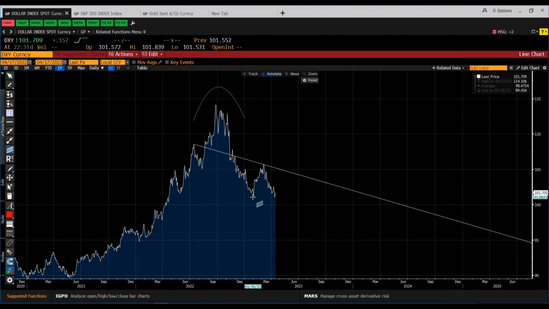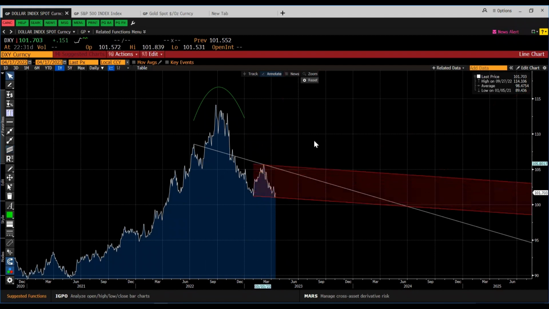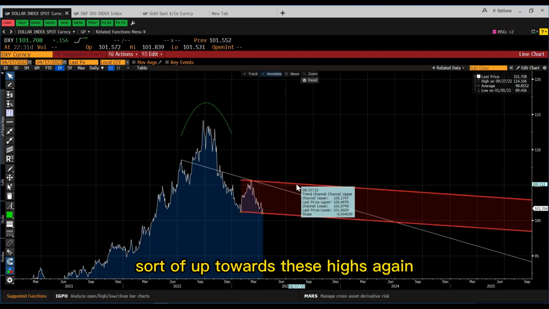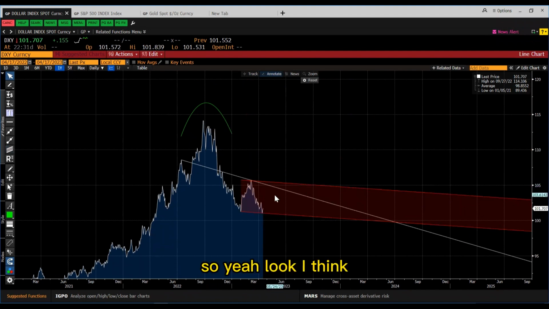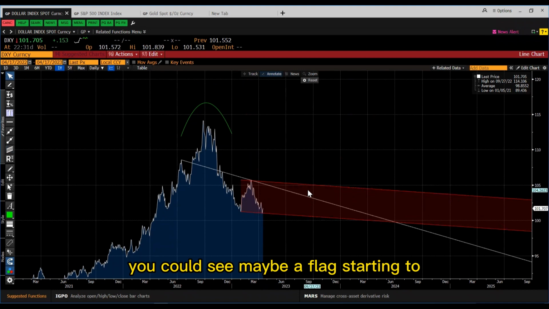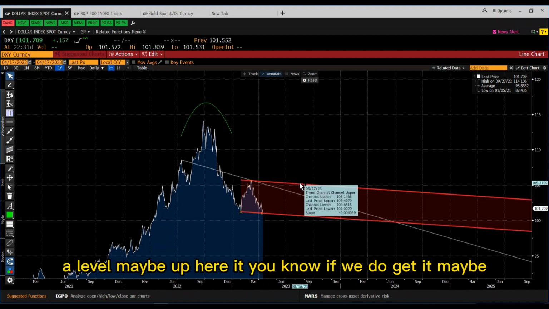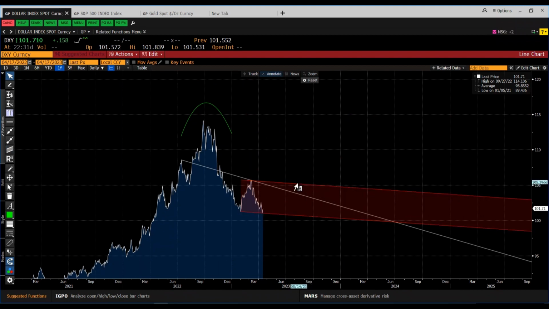For sure, I can't see it breaking back out up towards these highs again. So yeah, look, I think we could see maybe a flag starting to form, and then a level maybe up here at, if we do get it, maybe 105. Maybe looked into a short position. So yeah, that's the US dollar.